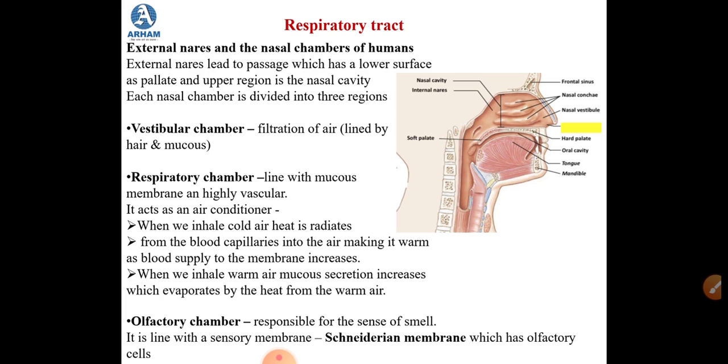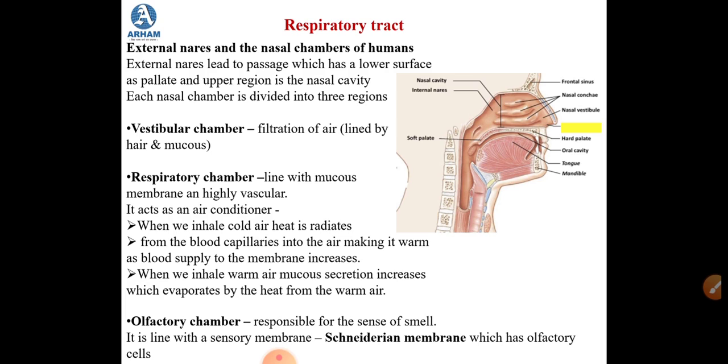In such a case, the respiratory chamber increases the mucus secretion, and as the mucus secretion increases, the moisture from the mucus evaporates the heat from the warm air, leaving the air cooler than the warmer one. Now once the air is cool, this air can be taken in easily and it will not cause any damage or any injury to the lungs.